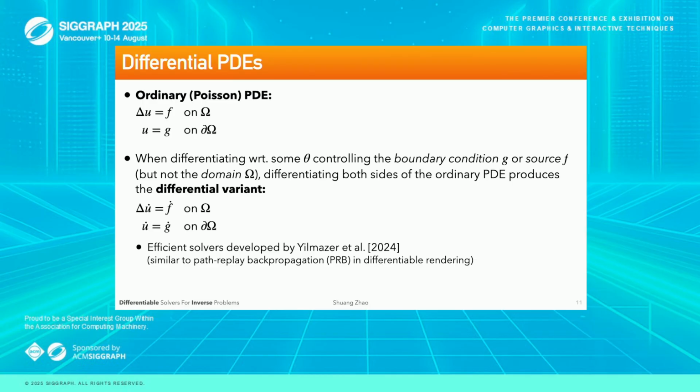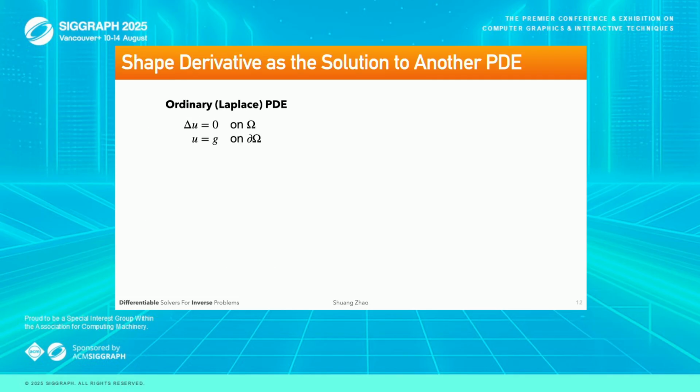So that's how we handle the conceptually simpler case when we differentiate with respect to the source function and the boundary condition. So you may wonder, what if we want to change the shape of the domain? Fortunately, this can be done as well using largely a forward solve.